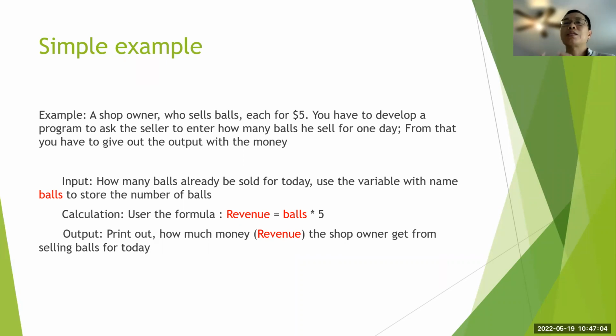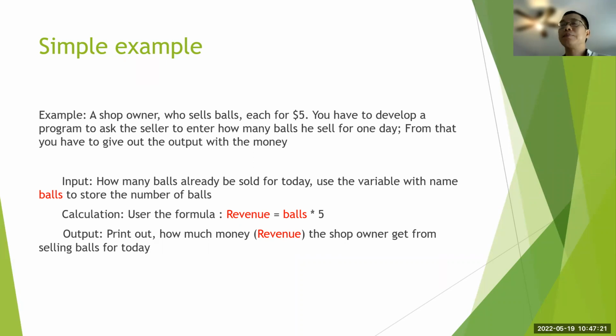For this one, the input is the number of balls, and the expected output is how much money the shop owner earns for that number of balls.